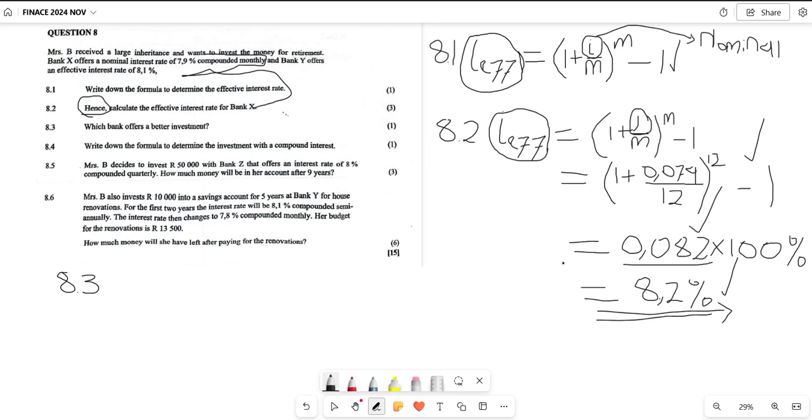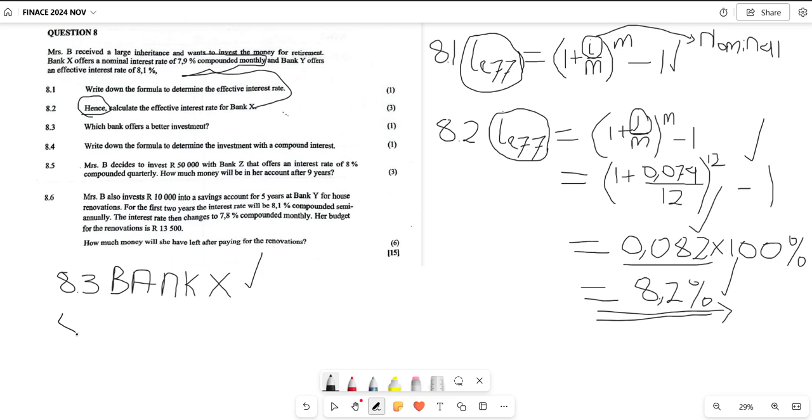Which one is 8.2? It is Bank X. It means Bank X gives us a better investment because we check the interest rates. Then we are going to say Bank X offers a better interest rate. 1 mark given for Mahala there.